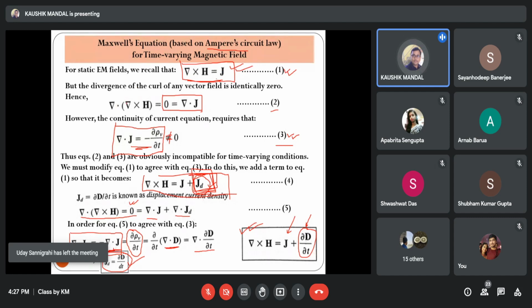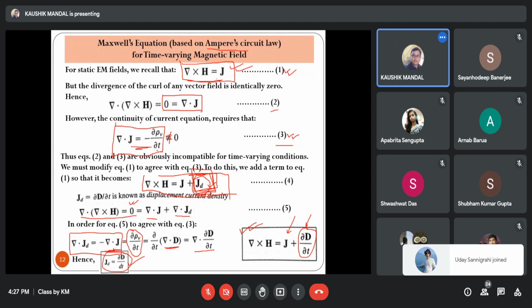From the basic vector law, divergence of curl of any vector must be 0. So it says that divergence of J equals 0. But from the current continuity equation, we have just seen that divergence of J equals minus del rho v del T. So there is an incompatibility between these two equations.